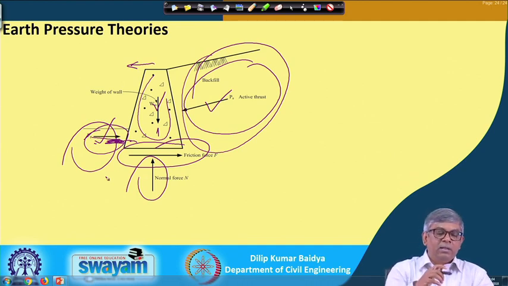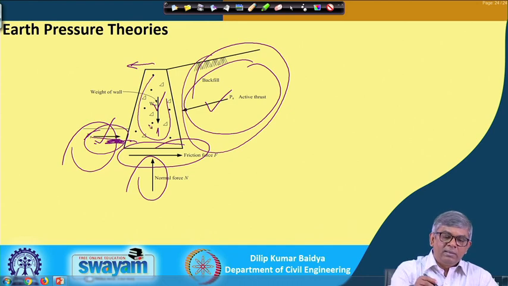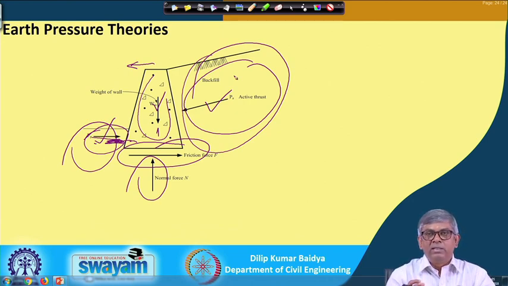If you know the geometry and the concrete unit weight we can find out the weight, and this reaction and friction are related to this only, so the only unknowns are this and this. We know the condition of active and passive, but the magnitude has to be estimated.